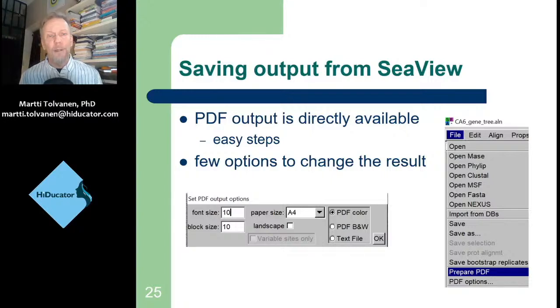If it's a small one, it's fine to have a more readable font. You can choose between color and black and white for PDF, and block size we'll see in the next slide. But after you set your options, pressing prepare PDF will create the file.